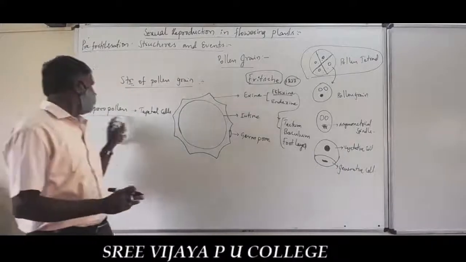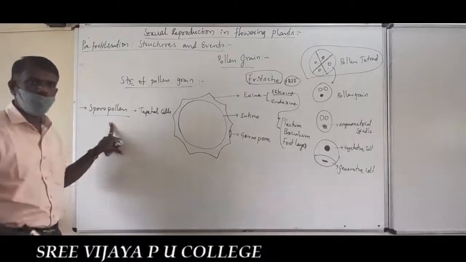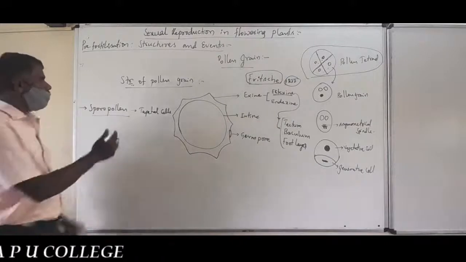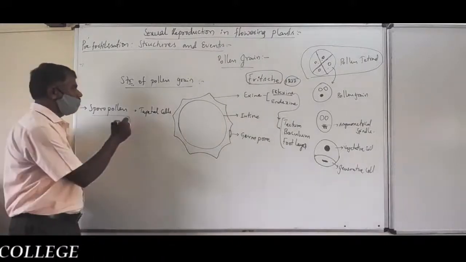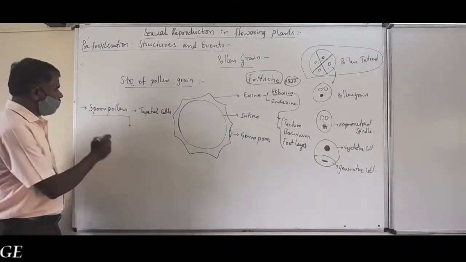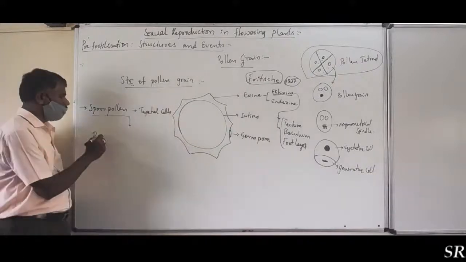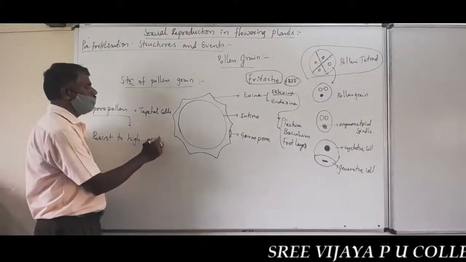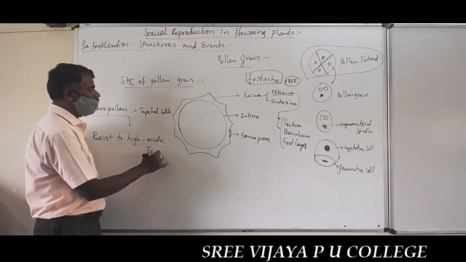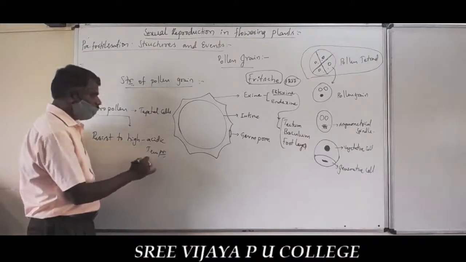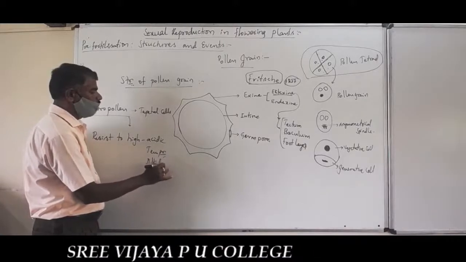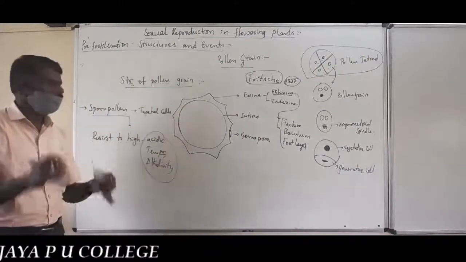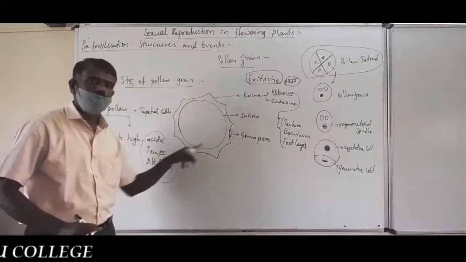Due to the presence of sporopollenin on the wall of the pollen grain, it resists high acidity, high temperature, and high alkalinity. So sporopollenin protects the entire pollen grain.